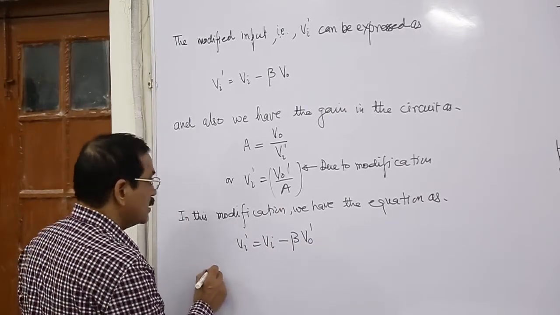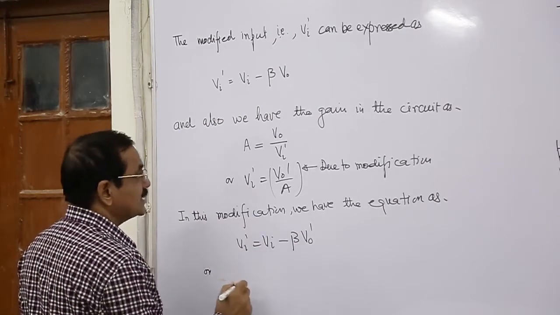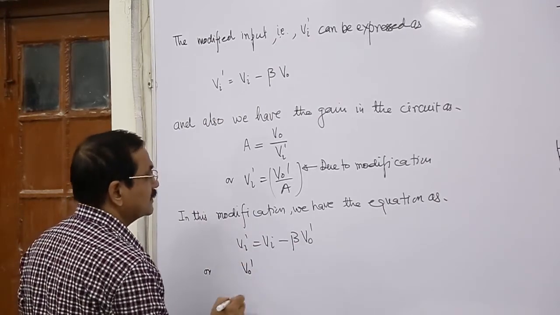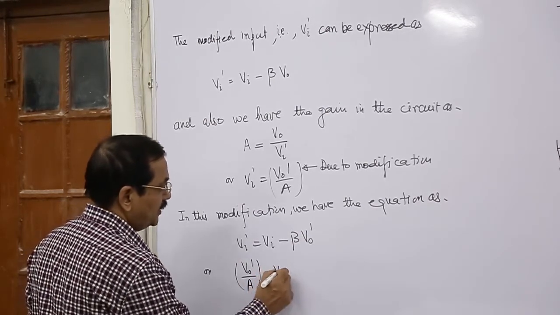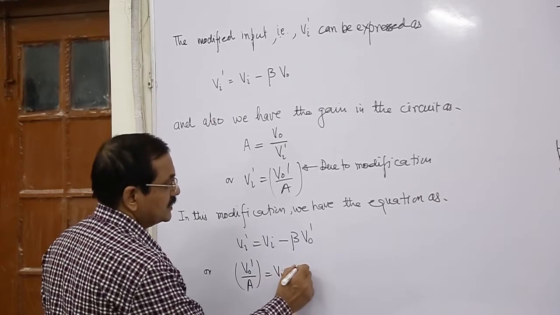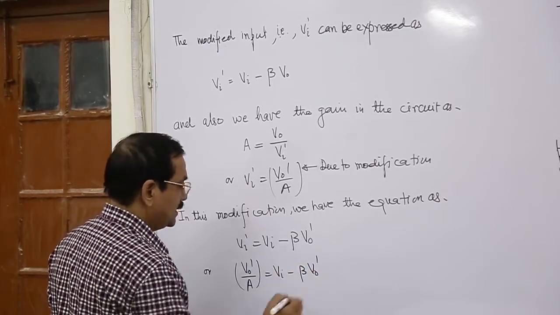Or substituting the value, Vi dash is V0 dash upon A is equal to Vi minus beta V0 dash.